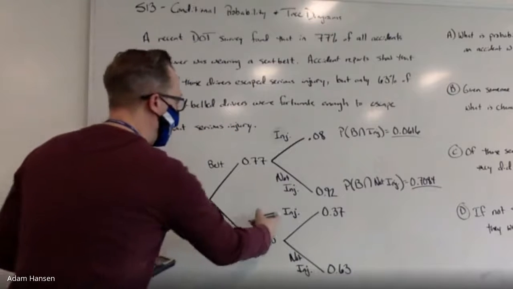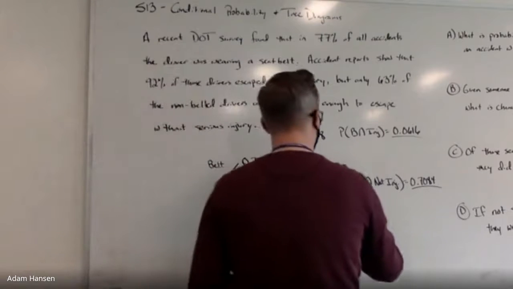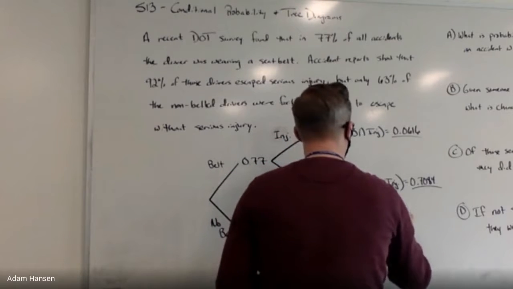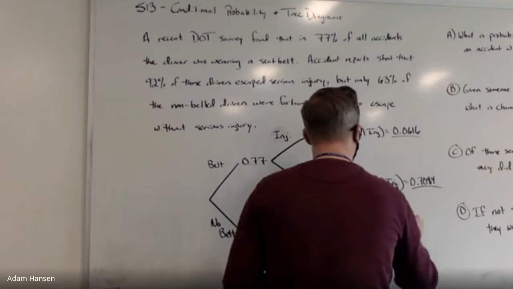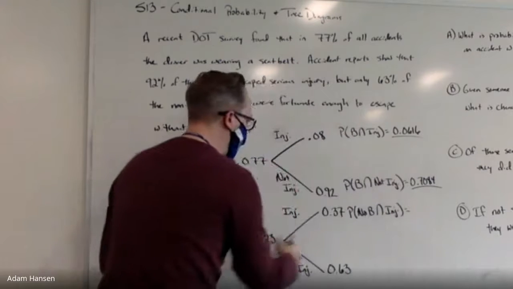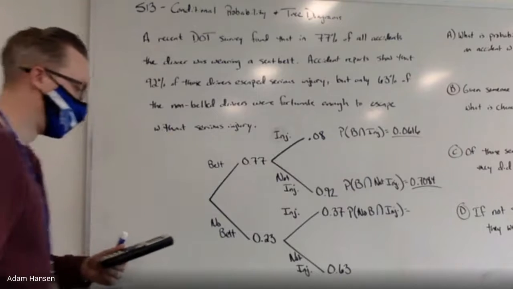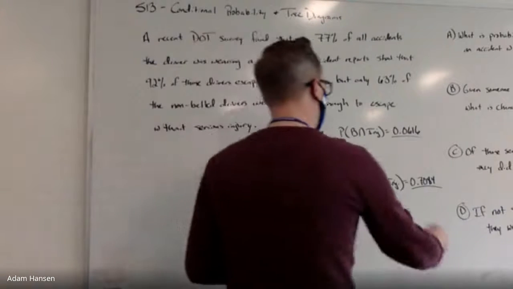Not belted and injured. That's the 23% times 37%, or 8.51%.